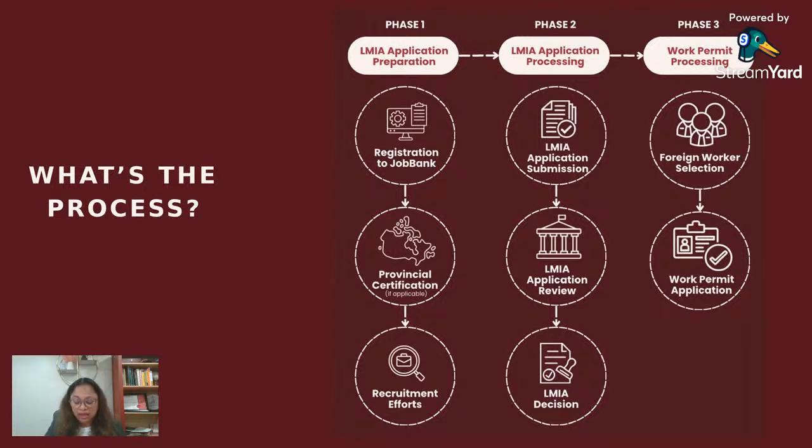But once the outcome comes, and once there's a positive or a neutral outcome, the foreign worker is then going to do the work permit application. Which means that apart from the LMIA, it is still a TRV, and they still have to show ties back home, just like any TRV, and show that they have enough funds as well.